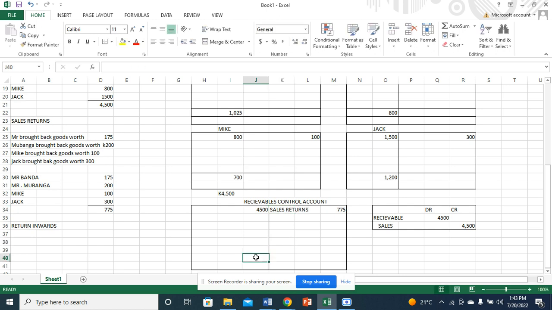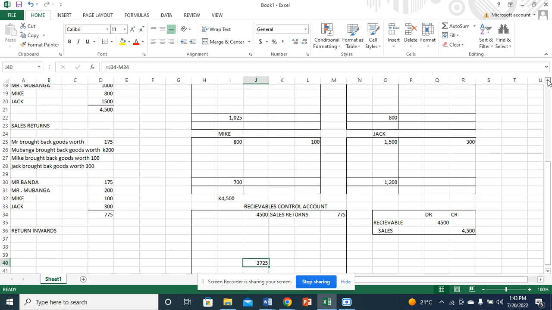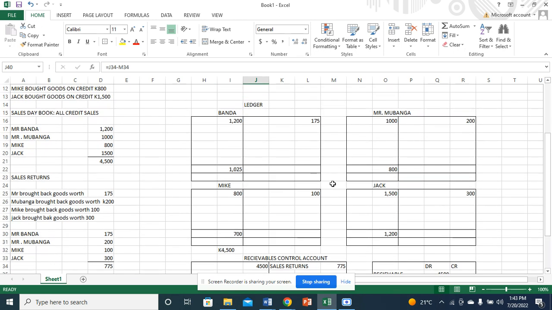We tabulate how much in total everyone is owing us. 4,500 minus 775, 3,725. So this must agree with the total in our receivables ledger.